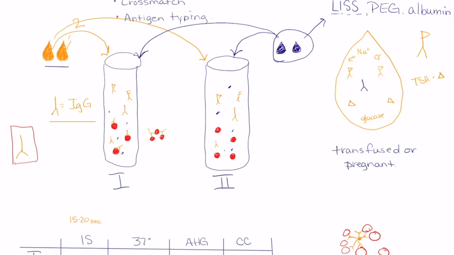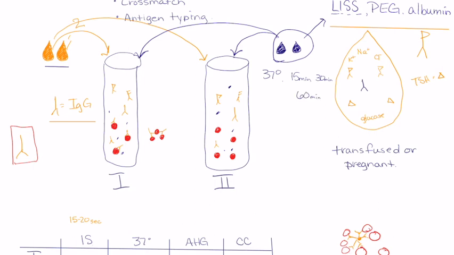When we add the enhancement media, we're going to put it in the incubator at 37 degrees. And this can be anywhere from maybe 15 minutes to 30 minutes. But it decreases the time, because without enhancement media, we would have to incubate it for at least 60 minutes.